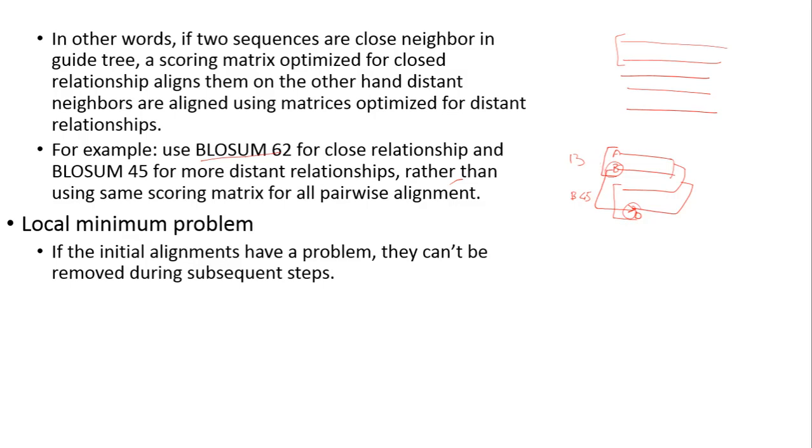The next problem that these progressive alignment strategies face is something called the local minimum problem. Say, for example, you have aligned the first two sequences, then you progressively added the third sequence, then the fourth sequence to the alignment.